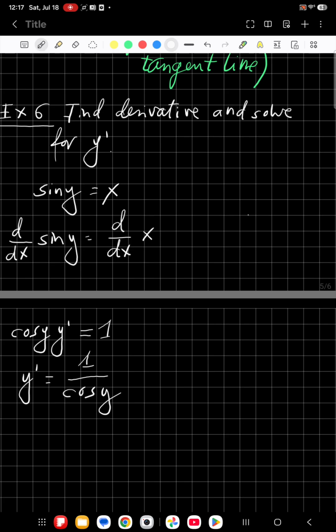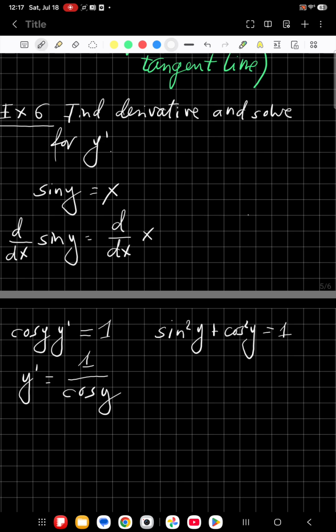I think we can do better than that. Let's use a fundamental trigonometric identity, which I hope you remember: sine squared y plus cosine squared y equals 1.